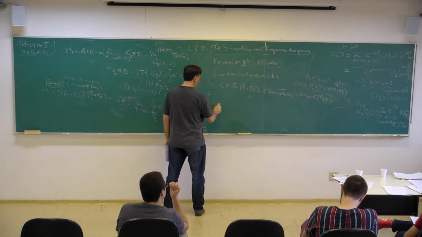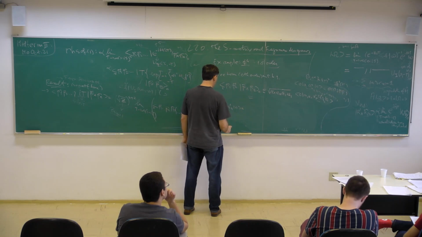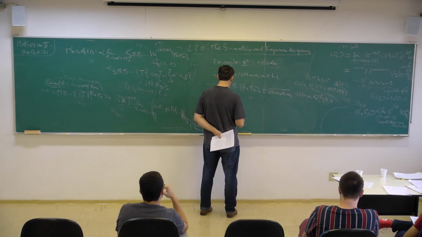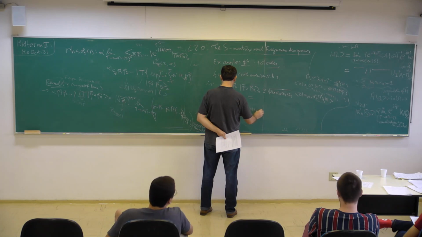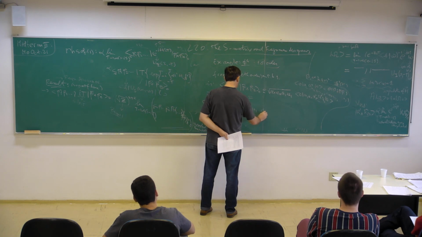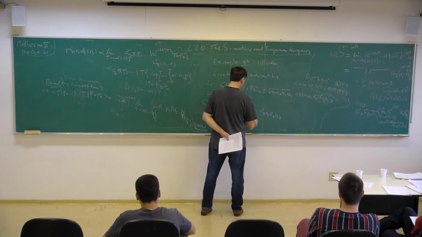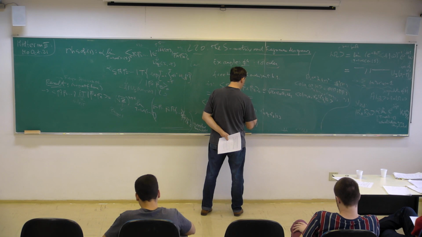So ⟨0|A1 A2 A†A† B|0⟩ is, so one possibility is this: ⟨0|A1 A1 A†A, A2 A†B|0⟩, plus ⟨0|A2 A†A, times A1 A†B|0⟩.